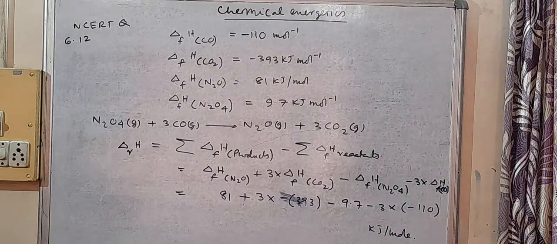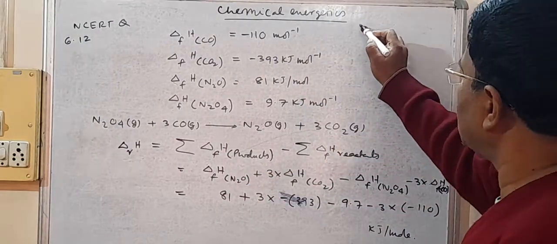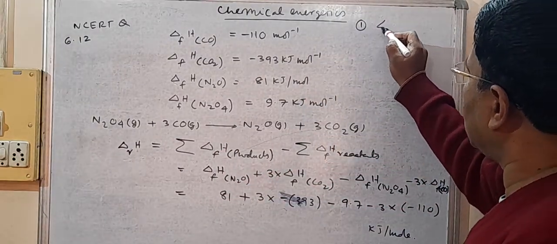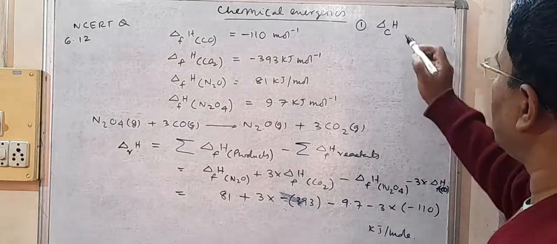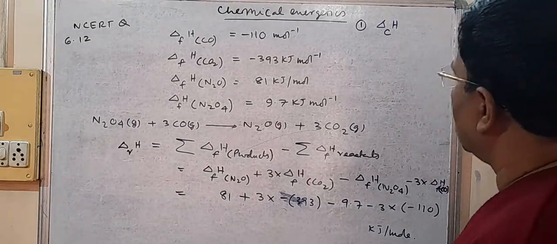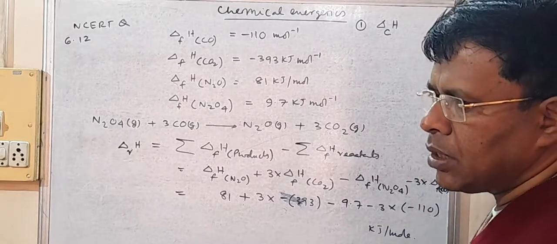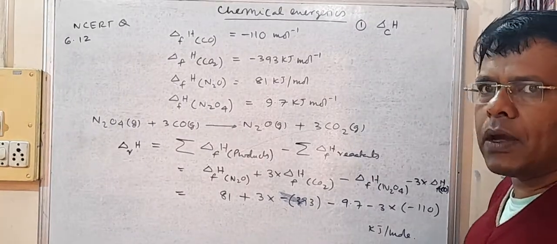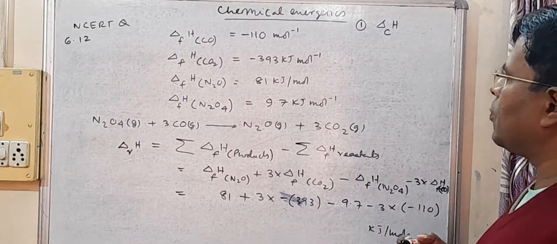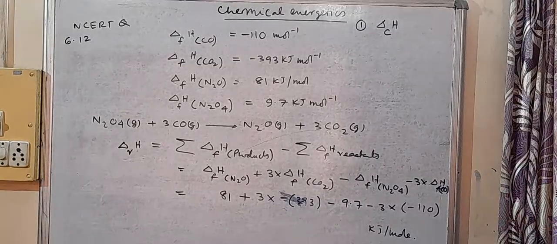Okay, now when you do numericals, you will come across different types of enthalpy. Number one, enthalpy of combustion. What is enthalpy of combustion? Combustion means burning. When 1 mole of a compound is burned in excess of oxygen, the heat change that takes place is called enthalpy of combustion.